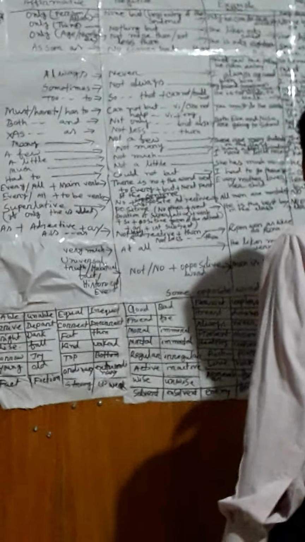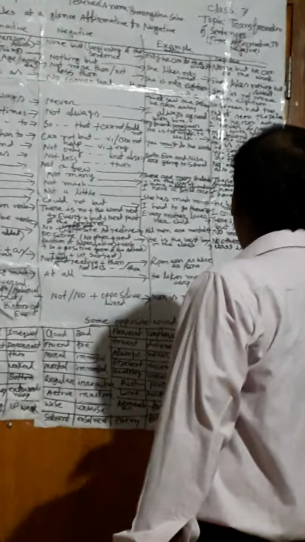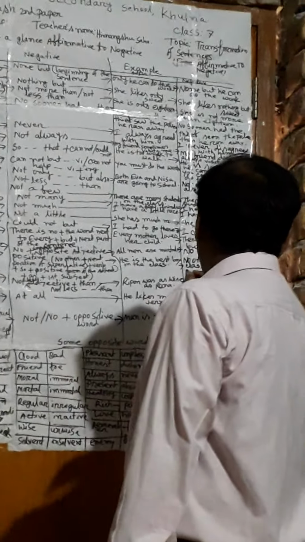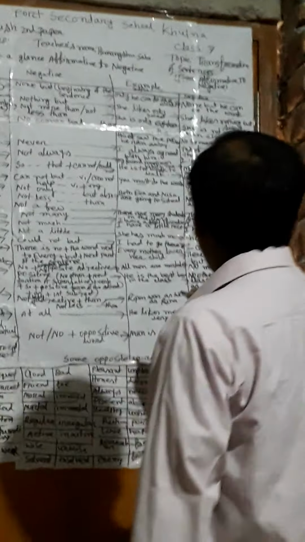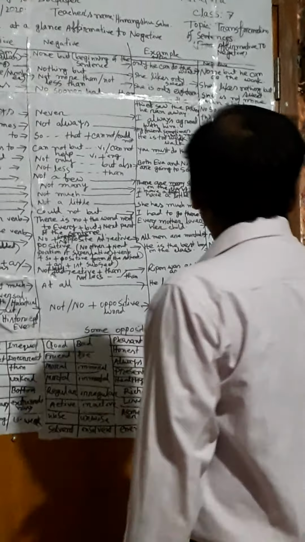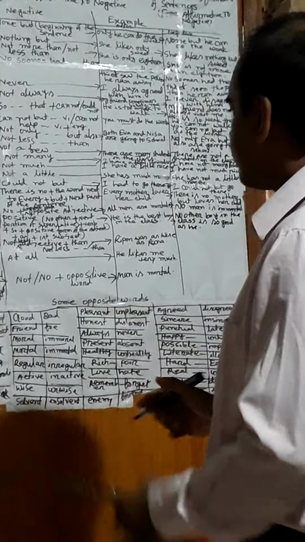Then you have to use so. The positive form of the adjective is good instead of best. Next you have to use as, then the first subject, he. No other boy in the class is so good as he.